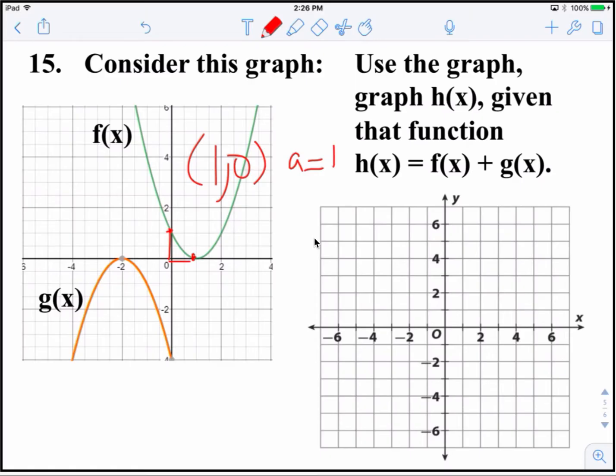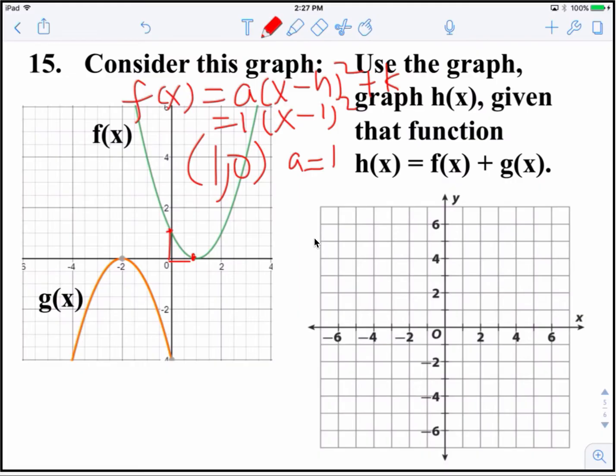So the function f of x can be written as a times x minus h, squared, plus k. So this is equal to 1 times x minus 1 squared, and the k is 0.